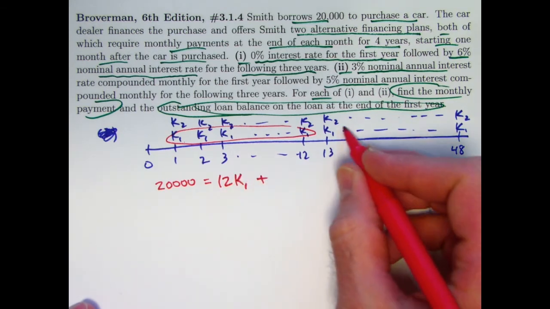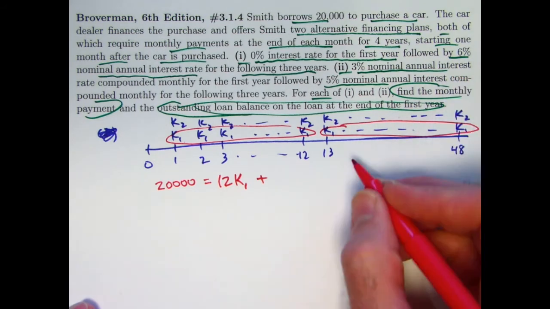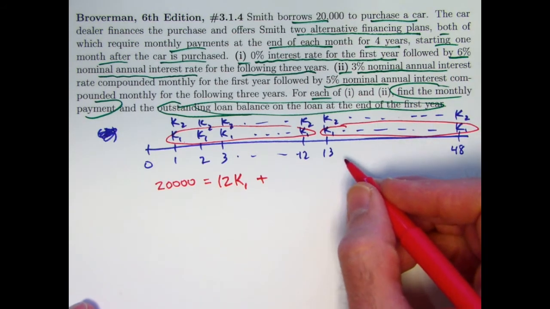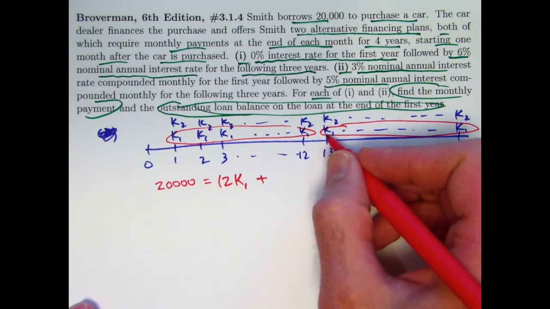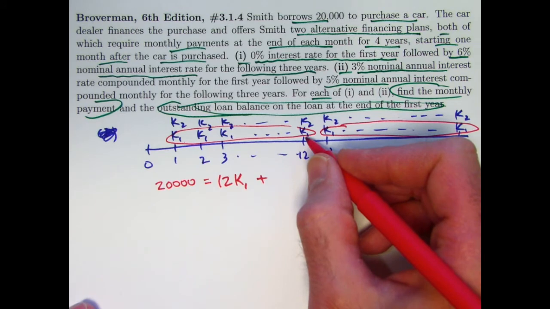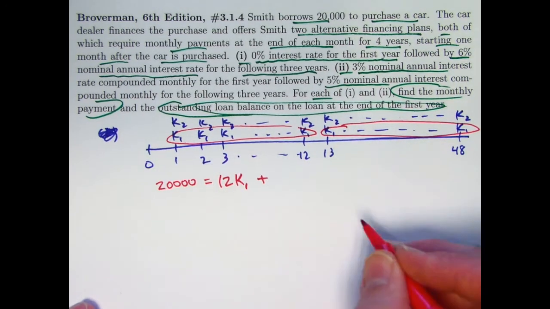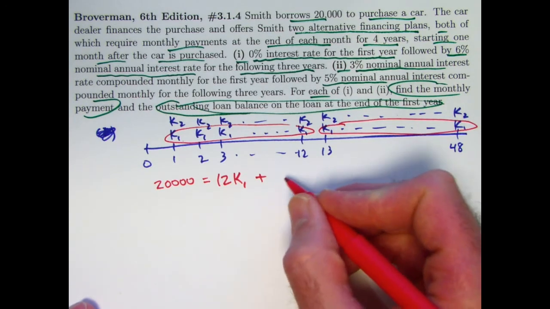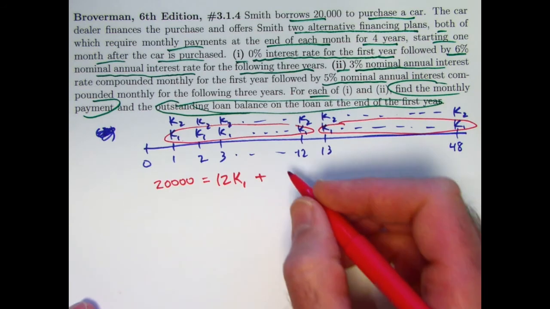And then for the remaining 36 payments, there's a 6% nominal annual interest rate going on, which would be half a percent per month. We would want to discount this back to time 12 and then go back to time 0, but again, there's no interest during that first year, so we won't have to multiply by any power of v for this first option.